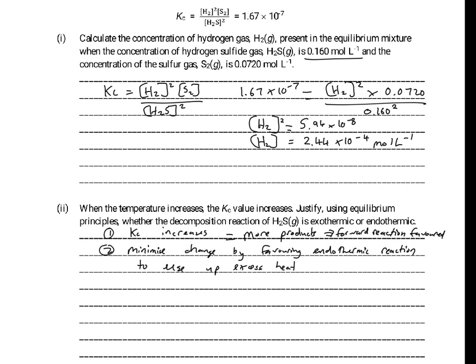Okay, and then by combining those two bits of information, we know that the endothermic reaction is being favoured to try and cool it down to use up the heat, and we know that the forward reaction is being favoured because we know we've got more products, therefore the forward reaction is endothermic.